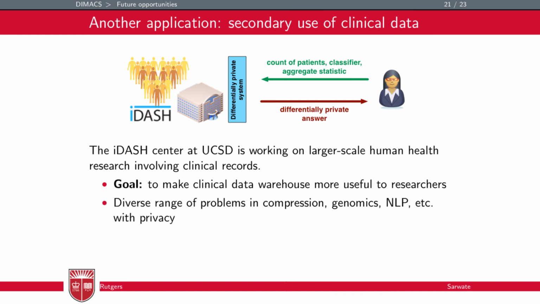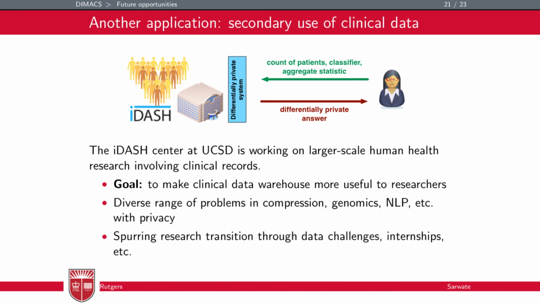The range of problems is very diverse and not at all like this. I've been focusing very much in this talk on imaging, but the problems include data compression, GWAS type questions, natural language processing, and all of these questions come with privacy challenges. They're very good at issuing data challenges.